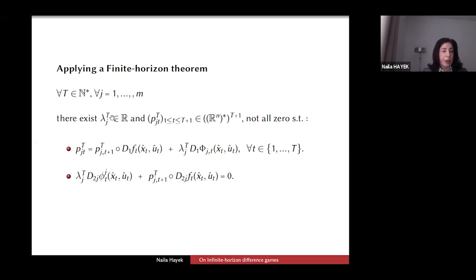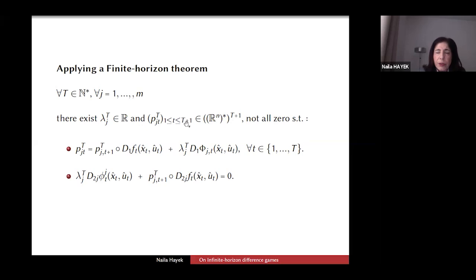So for every T, I will have a lambda_j^T, and I will have a sequence p_j, which is indexed by big T. But the aim is now to get rid of the big T and to get a lambda_j in R and a sequence p_j, which will not be like this sequence. You notice that this sequence that I obtained in the finite horizon problem is a truncated sequence, because small t goes from 1 to big T plus 1.